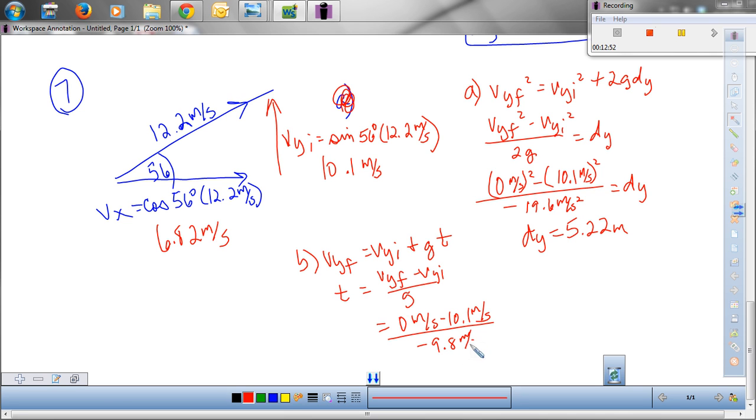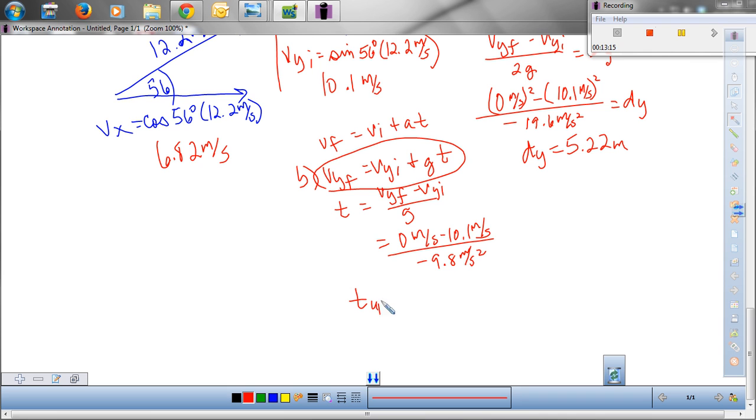Now this equation is really just Vf equals Vi plus at. I just changed all the variables to fit with the vertical motion that was going on. So 10.1 divided by 9.8, and they're both negative, gives me 1.03. That's the time up. But the question asked me for the total time in the air, so that's 2.06 seconds.